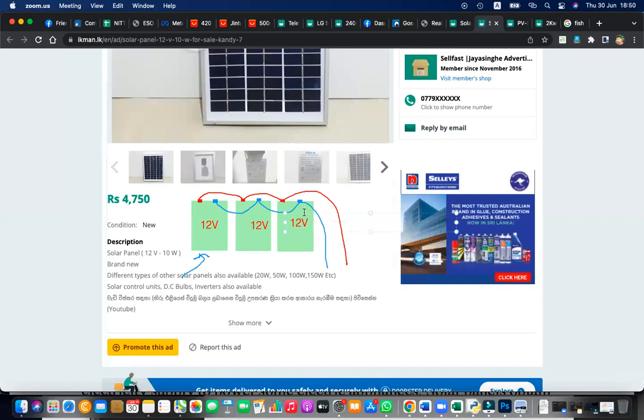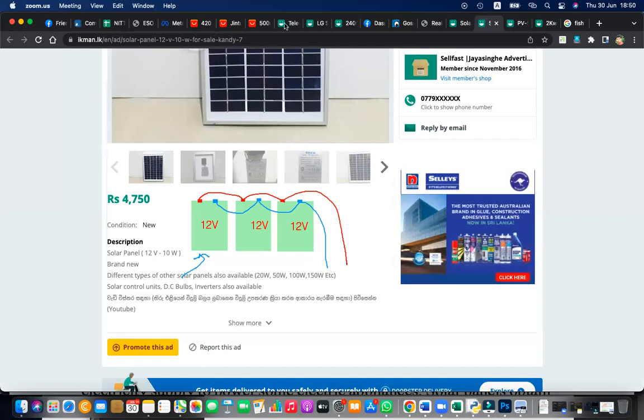So what will happen? You'll get how many volts? 12 volts. Very good. You will still get 12 volts. Why? Because they're connected in parallel. If you connect in parallel, even with 3 panels of 12 volts, you get only 12 volts. Did you understand that?